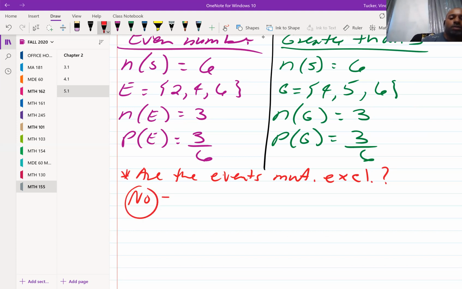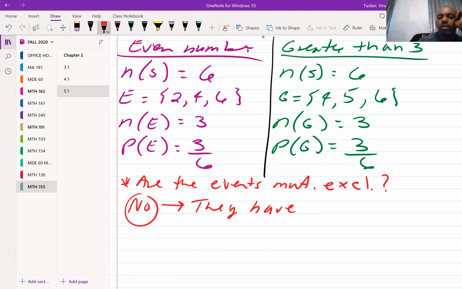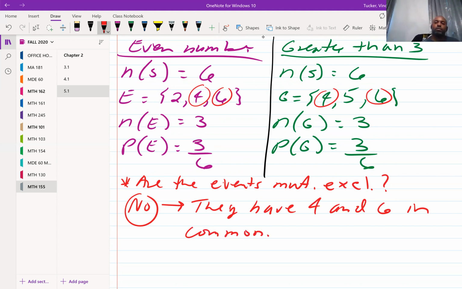The answer is no. They have 4 and 6 in common. All right, is everybody okay with that? So these events are not mutually exclusive because they have 4 and 6 in common.